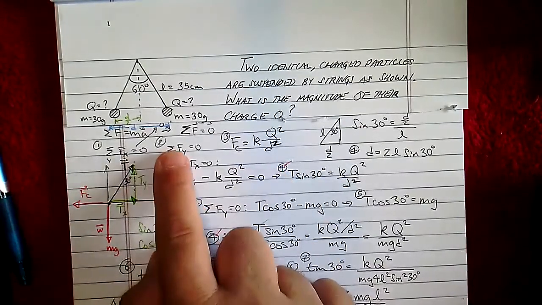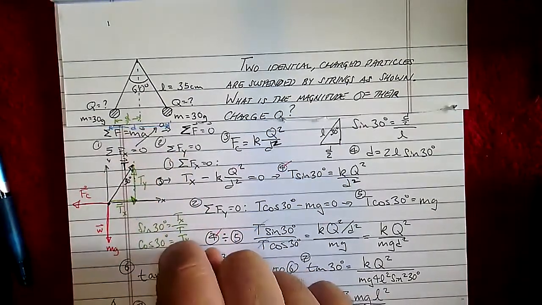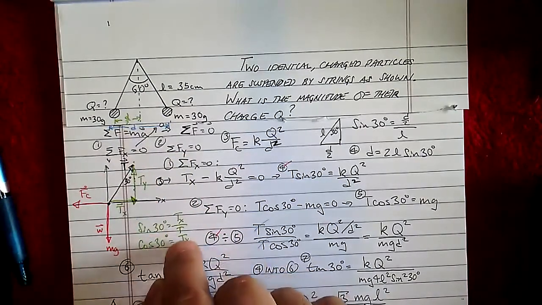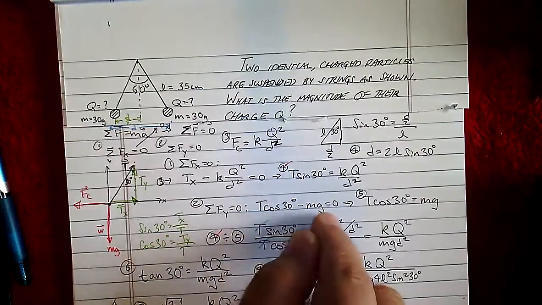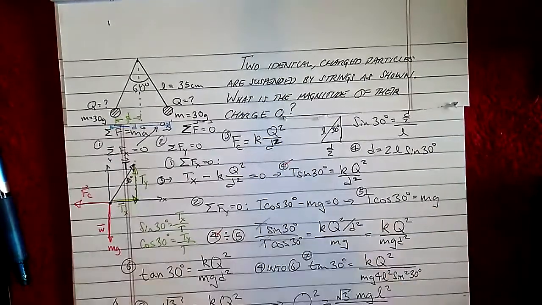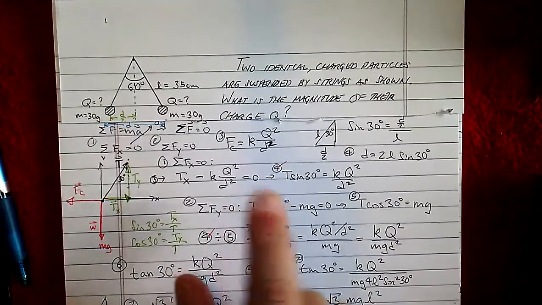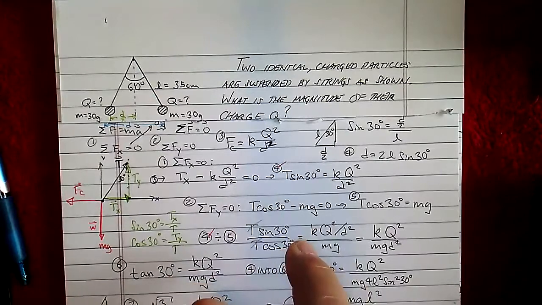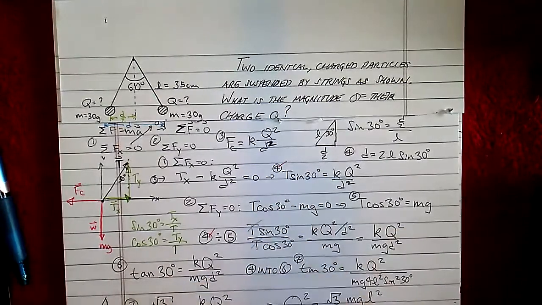Equation 2, the summation of force in the y direction equals 0. That just meant Ty minus mg, and of course Ty is T cosine 30. So T cosine 30 minus mg equals 0. Again, putting it as T cosine 30 equals mg gives us another equation that I called 5. The trick with solving this system is to really divide the two. There's other ways you could do it. It just takes a lot of work.